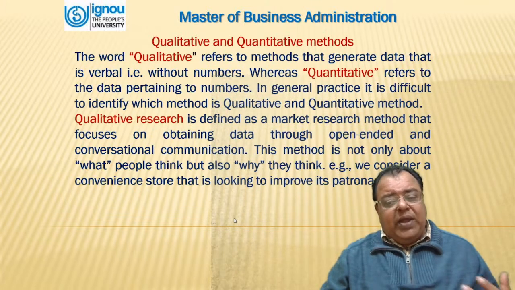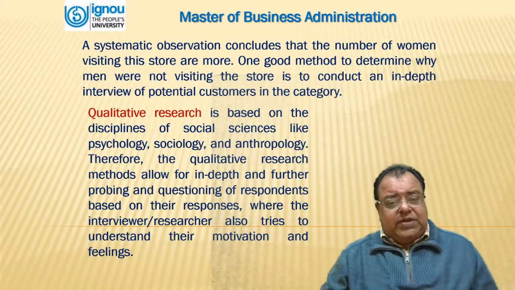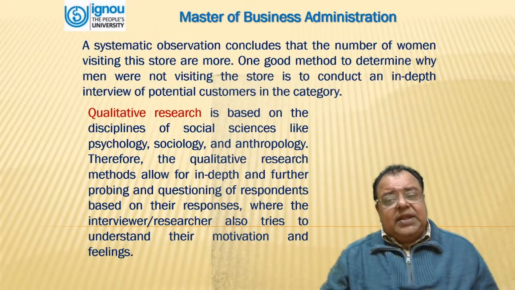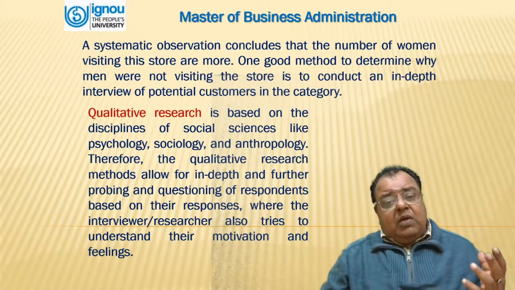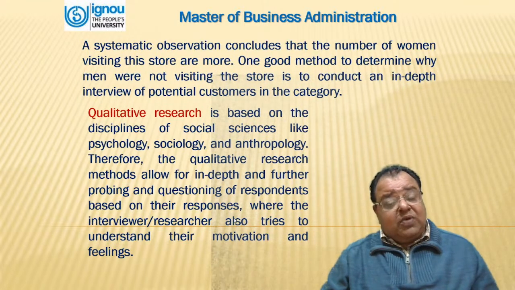For example, consider a convenience store that is looking to improve its patronage. A systematic observation concludes that the number of women visiting these stores is higher. One good method to determine why men were not visiting the store is to conduct in-depth interviews of potential customers in the category.